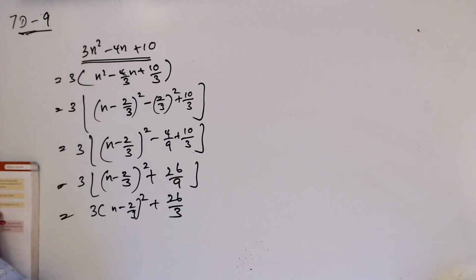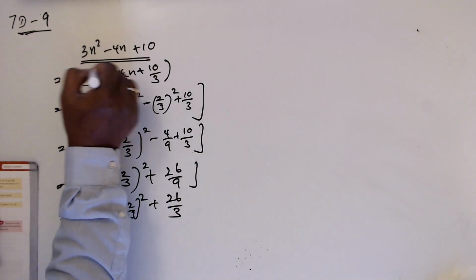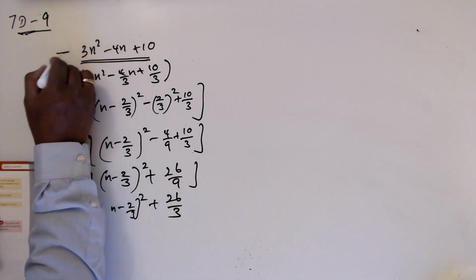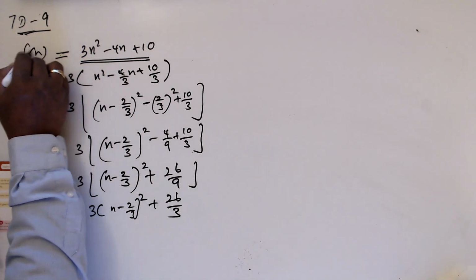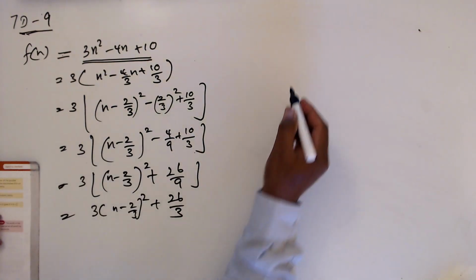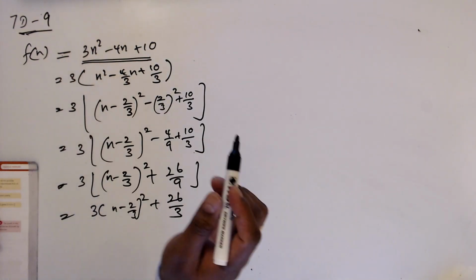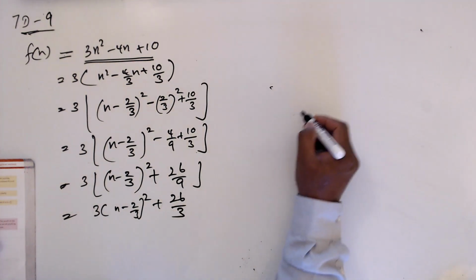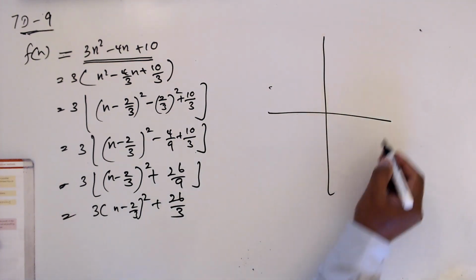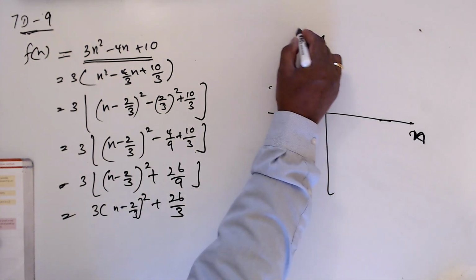It's a polynomial, or in terms of a graph, I can write this as f(n), a function of n. Now it is the same as f(x) equals 3x squared minus 4x plus 10. So this is the n axis and this is f(n), right?